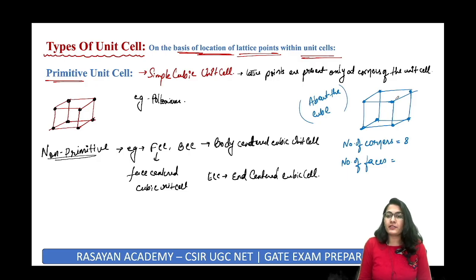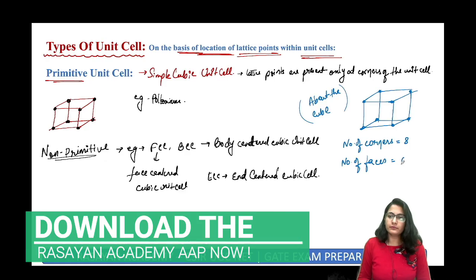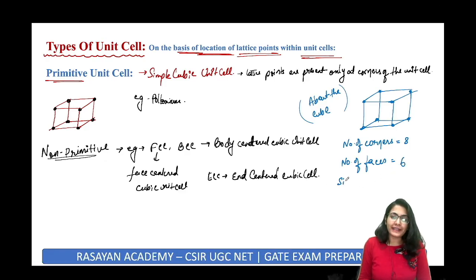Number of faces of the cube. So how many faces? 1, 2, 3, 4, back and front. 6 faces. Number of sides or edges. This is what we call as sides or edges. How many? 1, 2, 3, 4, 5, 6, 7, 8, 9, 10, 11, 12. So there are going to be 12 sides or edges.